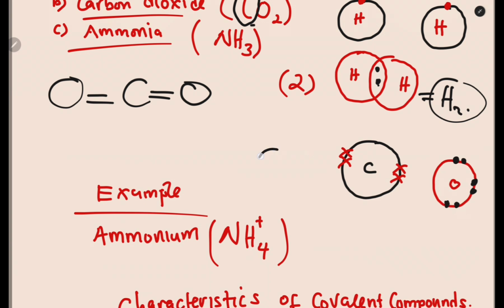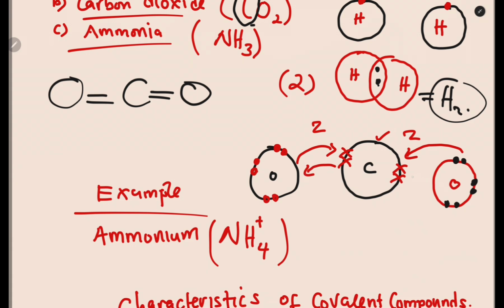Then the other oxygen also has 6. So how many does oxygen need to be stable? It needs 2. How many does the other oxygen need? It needs 2. How many does carbon need? Carbon needs 4. So this one is going to contribute to making carbon stable. At the same time, this one is going to share 2, and also this one is going to share 2, making these stable.